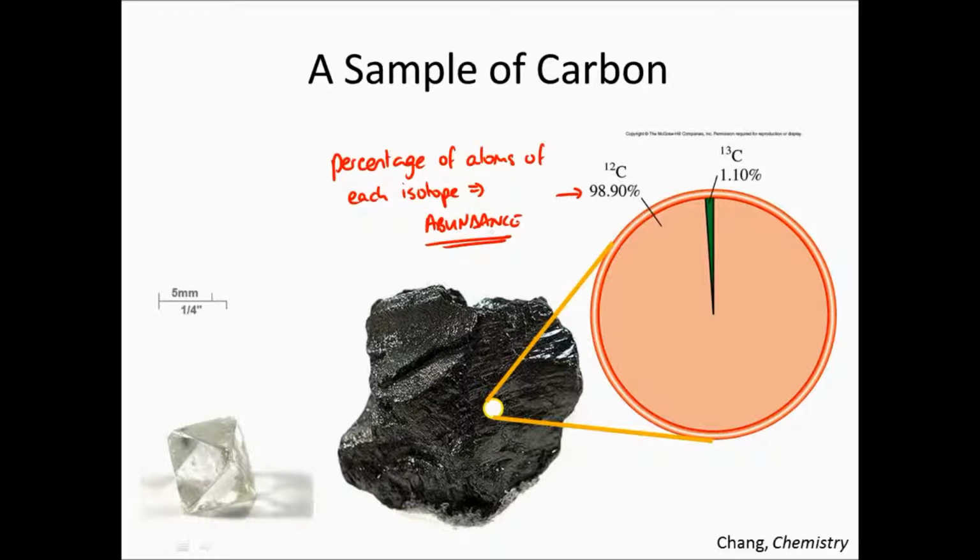Now in practical terms, what we want to do is to find the average mass of any atom we pick out. So what we want is essentially a weighted average mass of atoms, and that is what we refer to as a relative atomic mass.